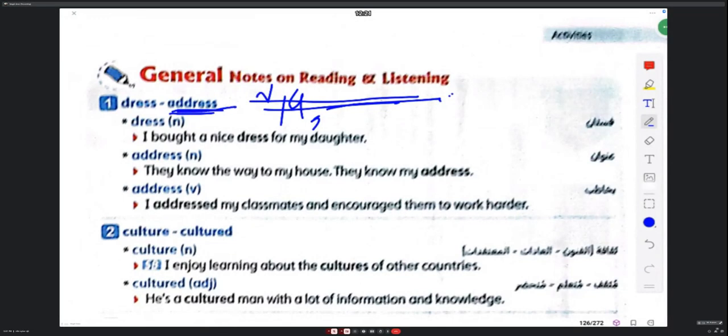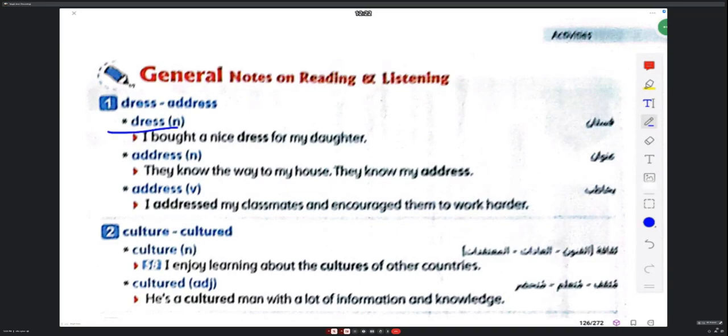This is the address. Address can be a verb, so we can say he addressed his words to me, and he talked to me. Address, so to speak to someone, or to send his words to someone.